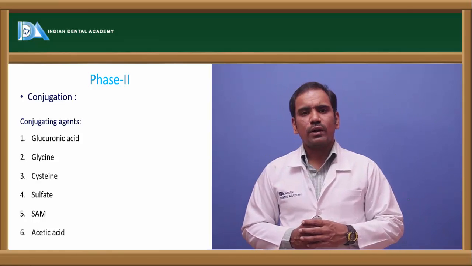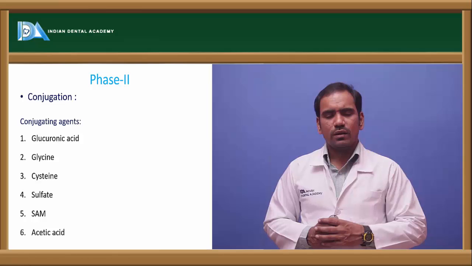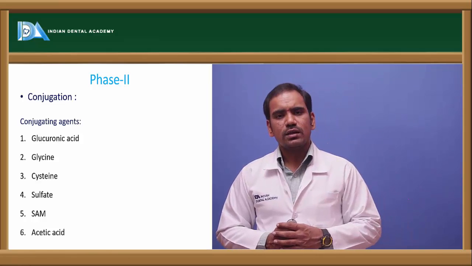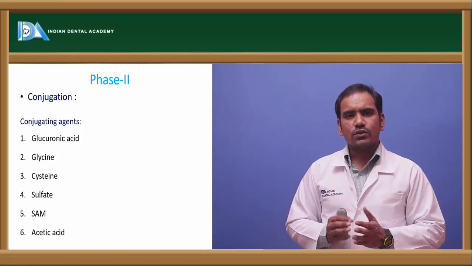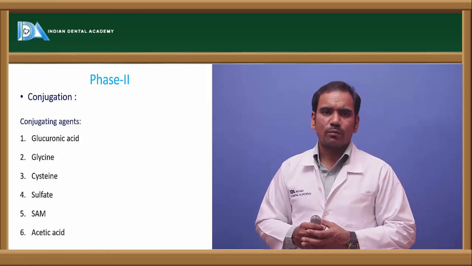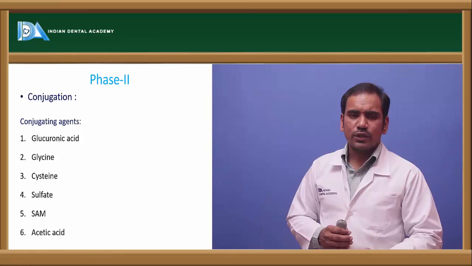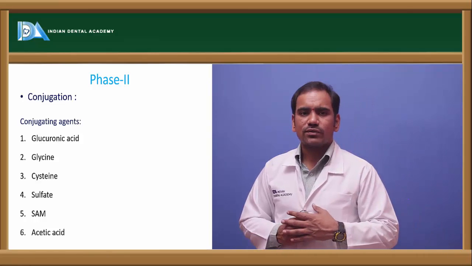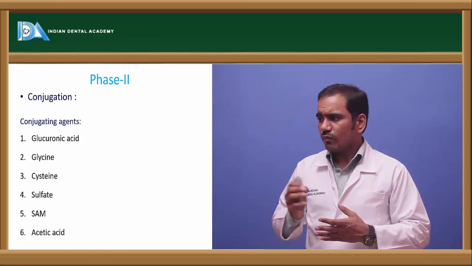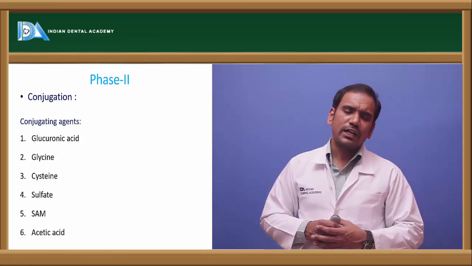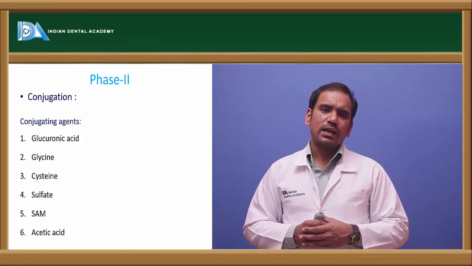Like that we have S-adenosyl methionine. The active form of methionine is S-adenosyl methionine, and this donates methyl groups to the toxic compounds. By this mechanism, S-adenosyl methionine is involved in detoxification reactions. Coming to acetic acid, the active form of acetic acid is acetyl-CoA.